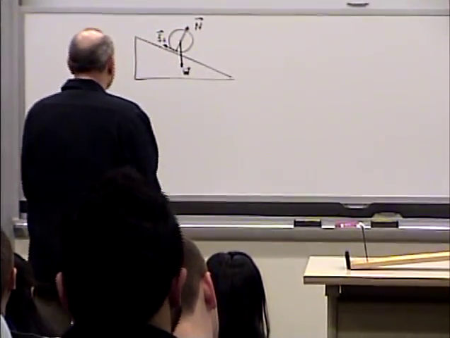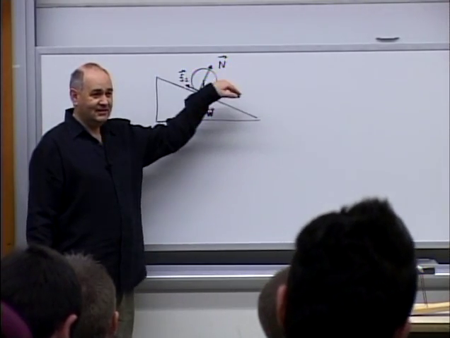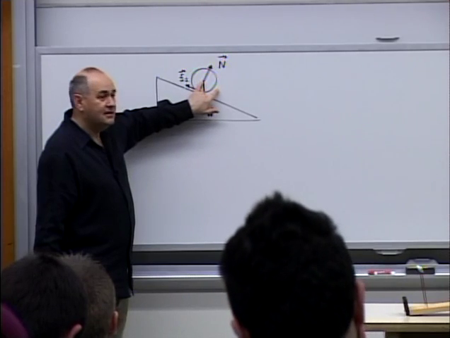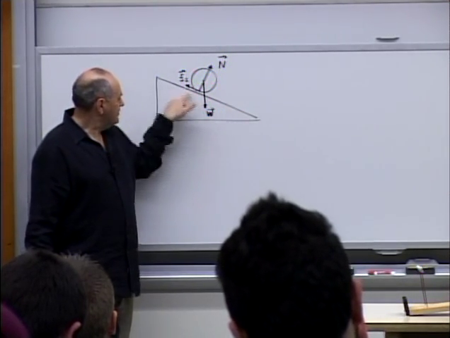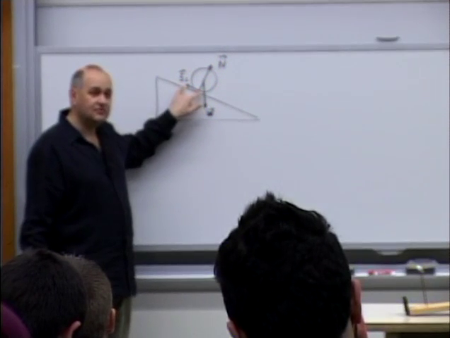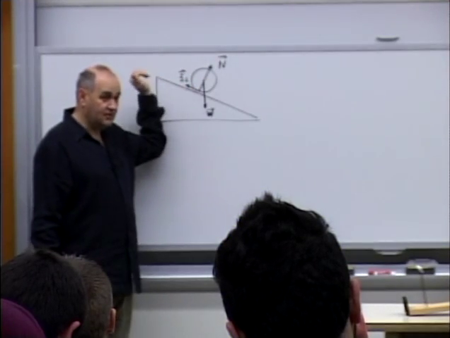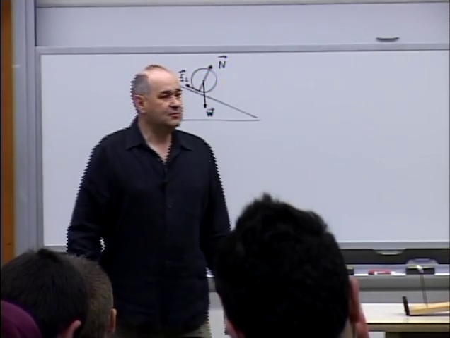Now, both objects accelerate in this direction, which means that the component of weight in a direction parallel to the ramp is not balanced by that frictional force. The components of all three forces parallel to the ramp do not add up to 0.